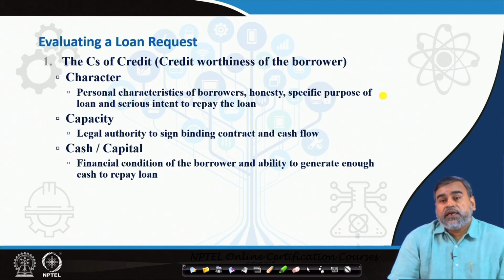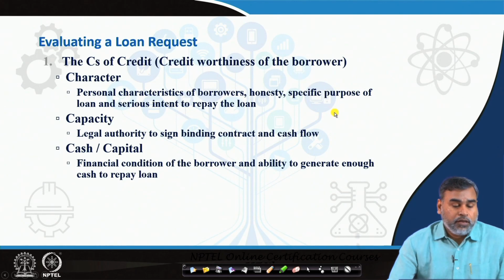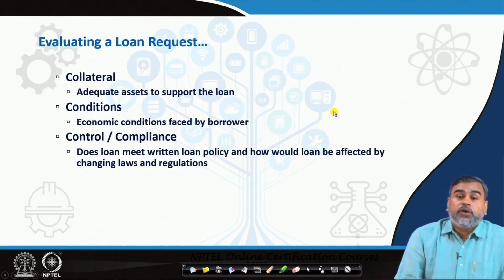They analyze the financial factors of the individual, whether the individual is good enough to repay the loan or able to generate that cash flow in the future to repay the loan or not. So, that is basically called the capital or the cash. That is the third C. Then fourth, collateral.